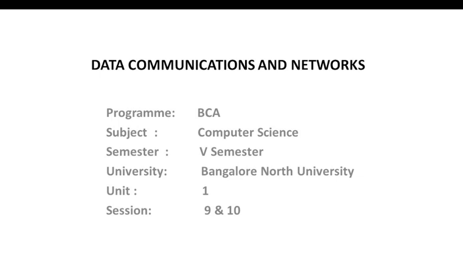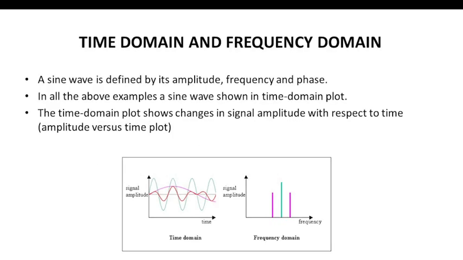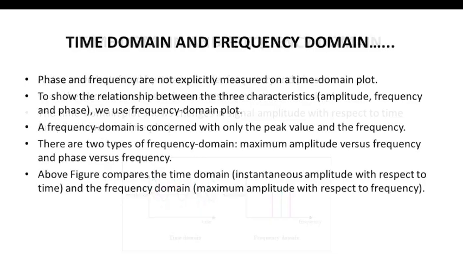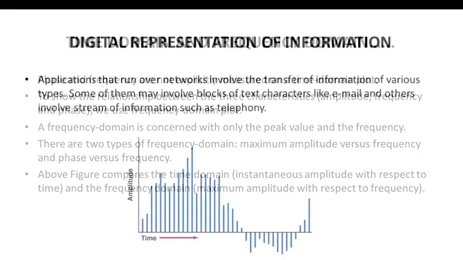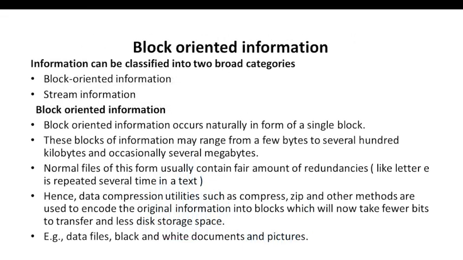In this session, we have discussed time domain and frequency domain, and the digital representation of information, that is, what the time domain is, what the frequency domain is, and how digital information is represented.